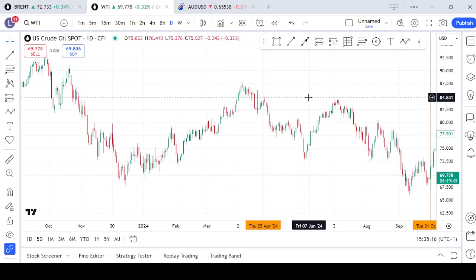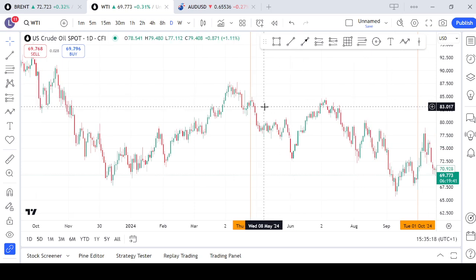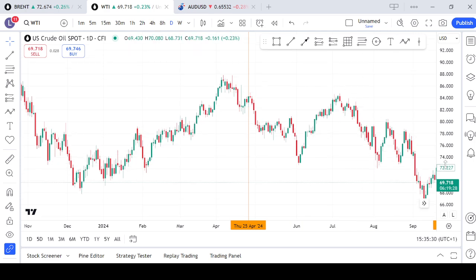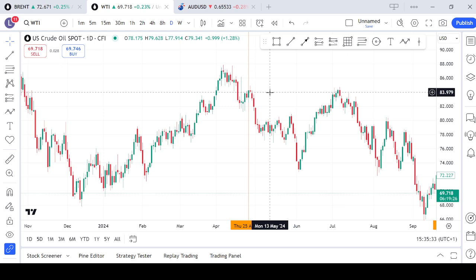For example, you can see on April 25th, OPEC decided to maintain voluntary production cuts through the second quarter of 2024, which could suggest a stabilization of prices, but explicit details were not specified. The market reaction to that OPEC meeting was bearish, with prices sliding as a result of concerns about inventory builds and the continuation of production cuts.